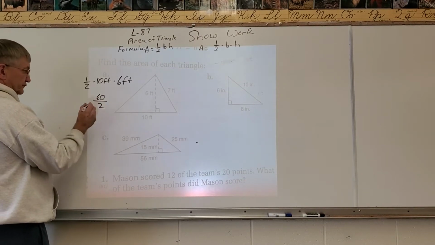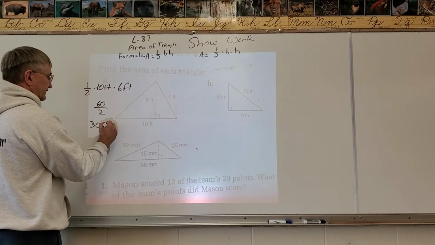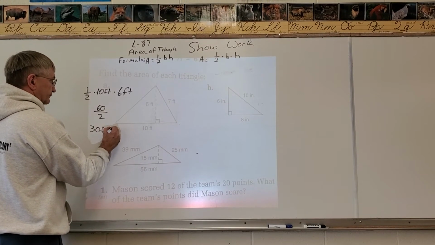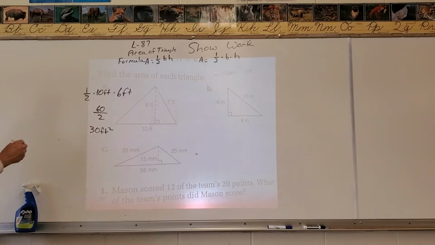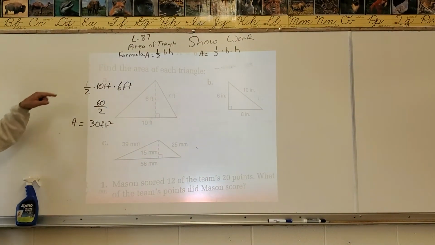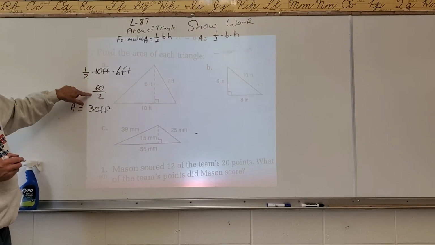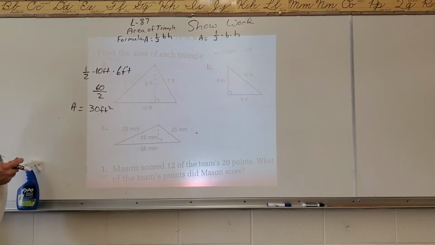And we have 2 into 6 goes 30, so our answer is 30 feet squared. Is my final answer. A equals 30 feet squared. Because I did the math. 1 times 10 is 10, times 6 is 60, divided by 2, which is 30 feet squared.